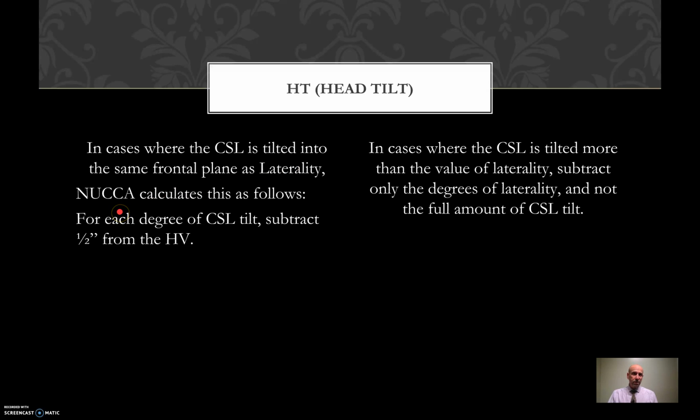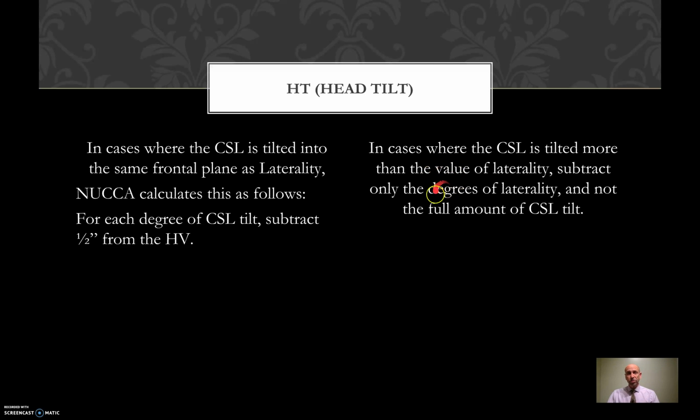So for example, over here, if we had a 0 plane line and we ended up with a head tilt of 3 degrees, according to this formula, you would subtract 1.5 inches from the height vector. But let's say that we had a low plane line that measured roughly 3/16 low, and we had a right head tilt of 6 degrees, but only 3 degrees of laterality.